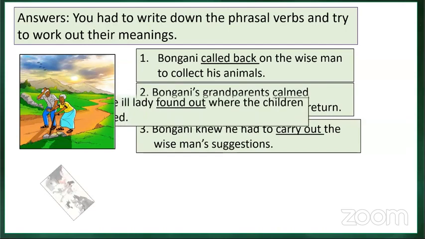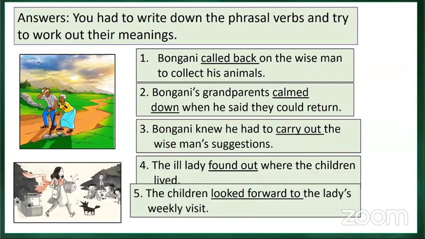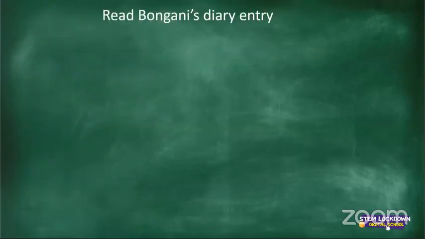You got that. Number 4, the ill lady found out where the children lived. Found out. And number 5, the children looked forward to. 3 words there. Looked forward to. So give yourself a mark out of 5. How did you do out of 5? Good, good. Okay, now let's get to our diary entry.